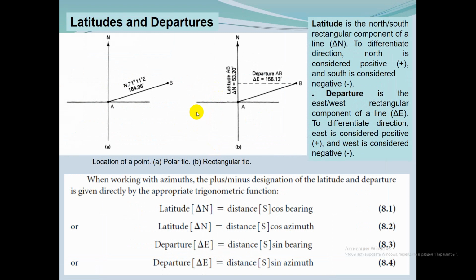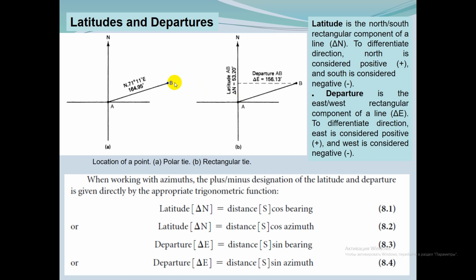We already know that a point can be located by polar ties, direction and distance, or by rectangular ties, two distances at 90 degrees.